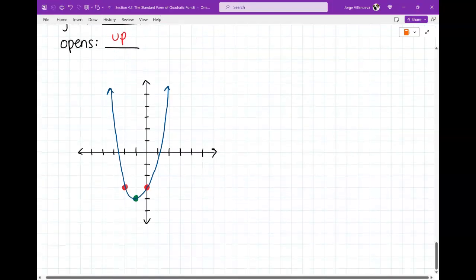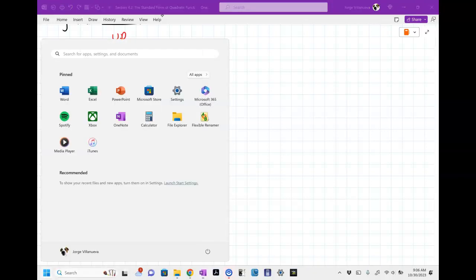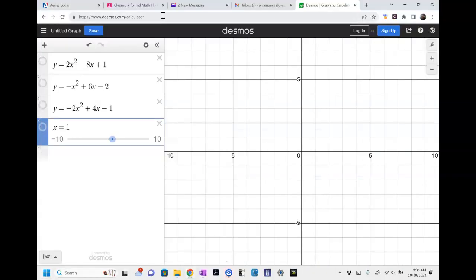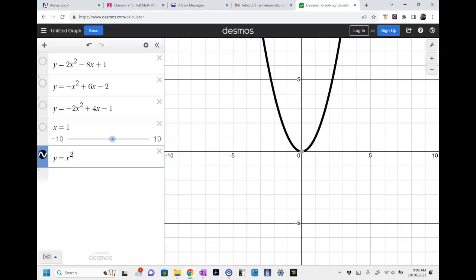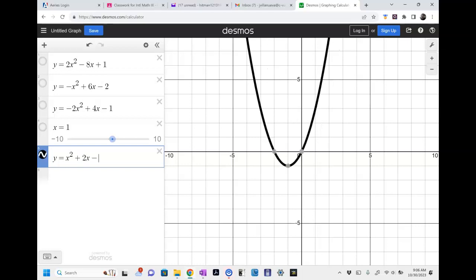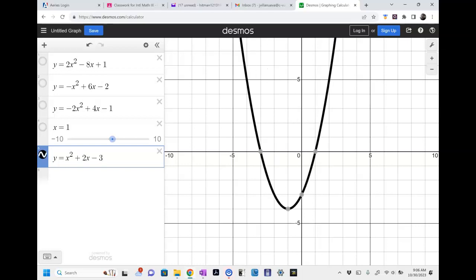So I'm going to go over to Desmos. Let's double check to make sure this makes sense. The equation was x squared, was it plus 2x? Yeah, and then -3, right? So does that look like the one you drew in your notes?